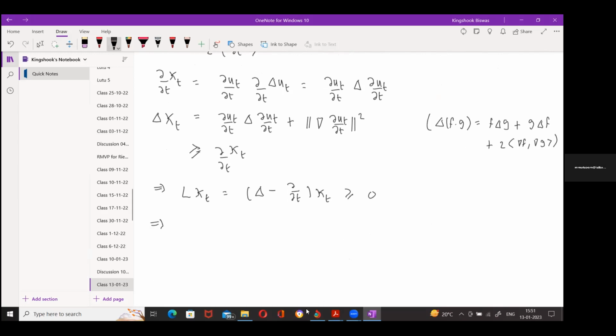So that means that kappa_t is less than or equal to the sup over 0 less than or equal to s less than or equal to t of kappa_s restricted to boundary D, right?